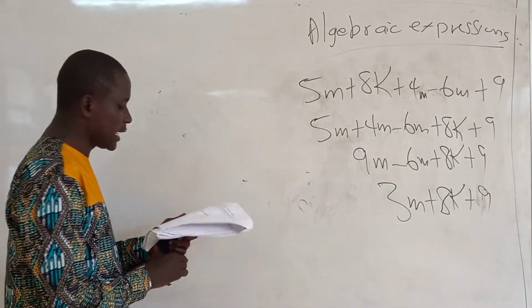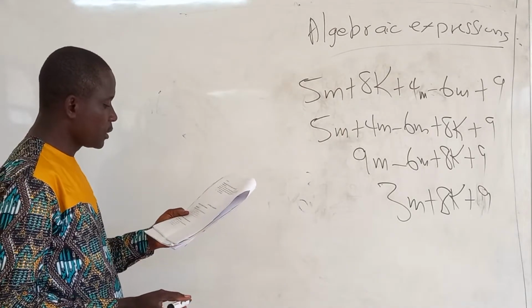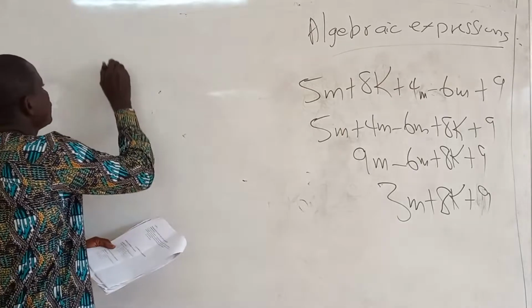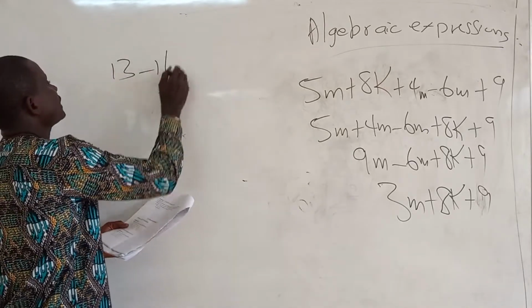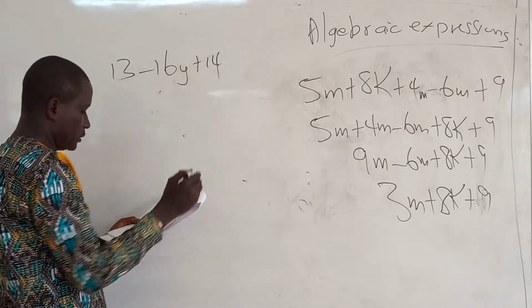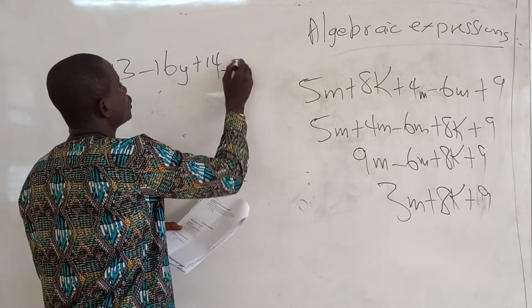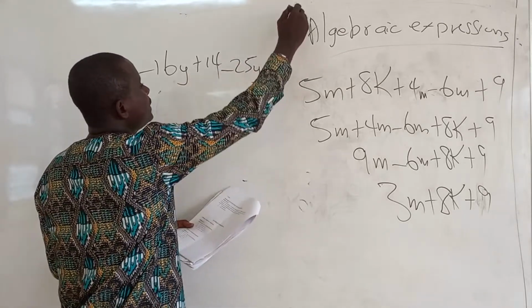Let's look at another example under the addition and subtraction of algebraic expressions. We have 13 minus 16y plus 14 minus 25y plus c.